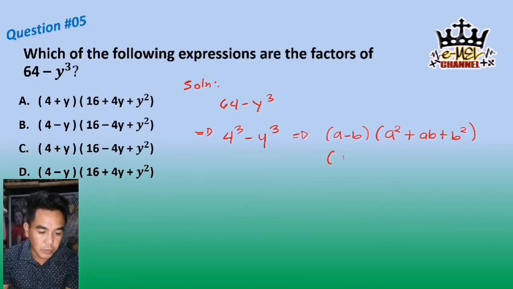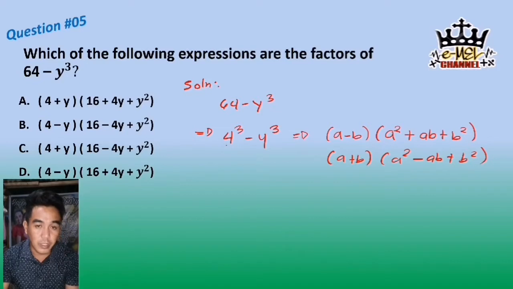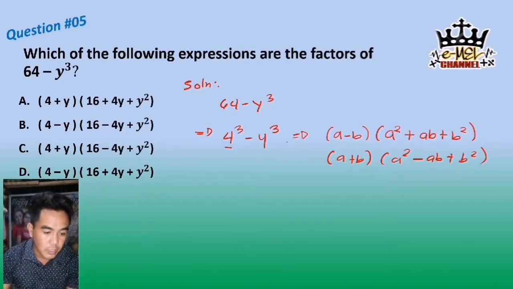But if the first factor is positive, we have this picture: a squared minus ab plus b squared. Now in this process, this 4 is what we call a, y is now the b.